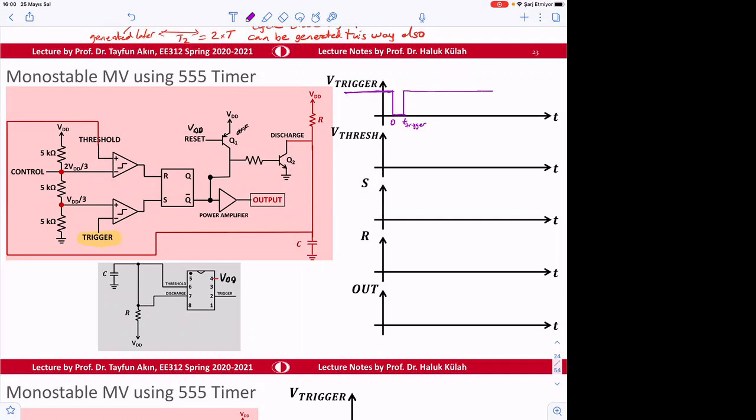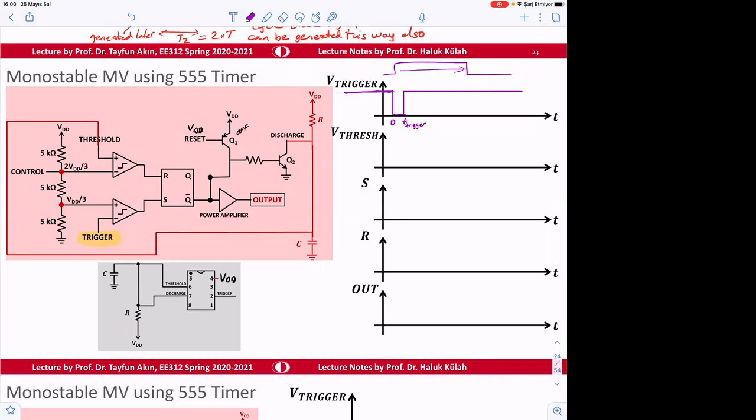So this is the purpose here. With this T trigger or voltage trigger, the output needs to change its state. So let me tell you the concept first. We need to find what is the output, what is V threshold, what is S and R. But concept-wise, of course, we want the output to change its state, going from low to high, and then it should go back.